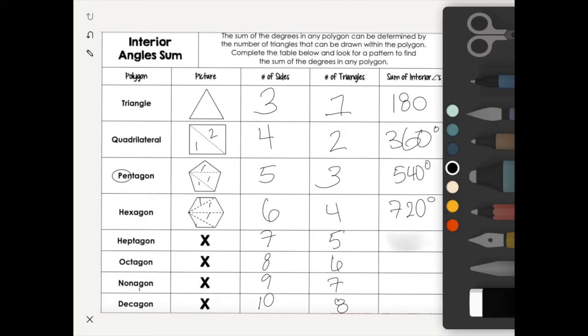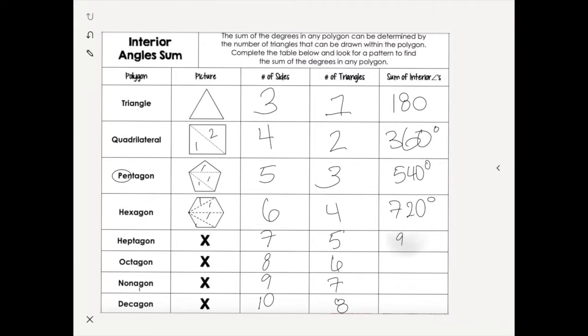So 180 times 5, you're going to get 900. 180 times 6, you're going to get 1080. And 180 times 7, you're going to get 1260. And 180 times 8, you're going to get 1440. So this chart is always good to have nearby to be able to reference it whenever you're solving problems.